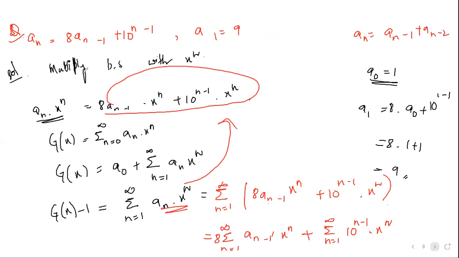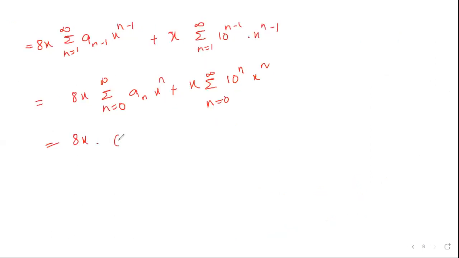So we can replace it as 8x times g(x) plus x times, this was the formula, 1/(1 − ax), which is 1 + ax + a²x² and so on. Now if you see, this is 10^0 x^0, which is 1, then 10x, then 10²x² and so on.